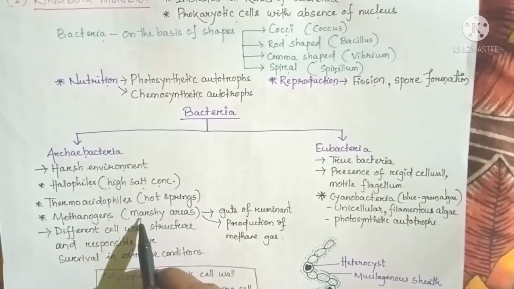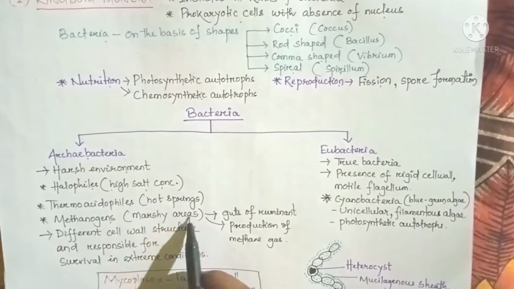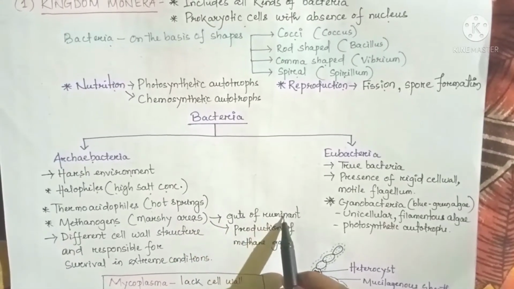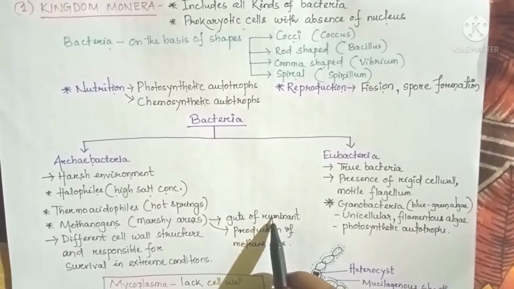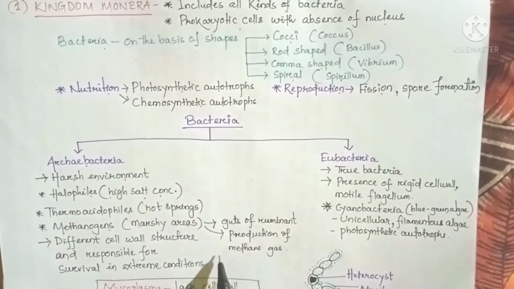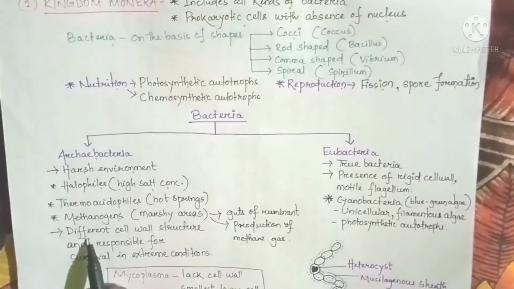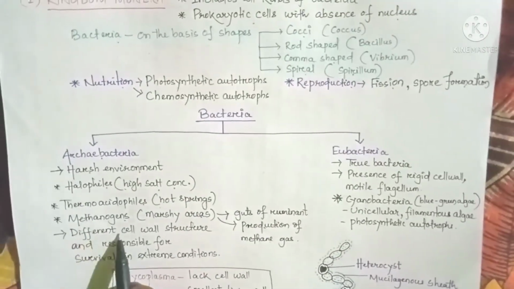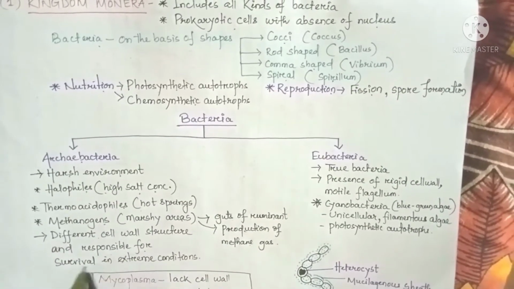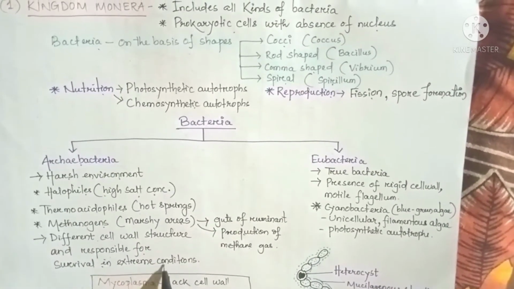Methanogens live in marshy areas. Also, they live in the guts of ruminants, animals like cows. They are responsible for the production of methane gas. Archaebacteria have different cell wall structures, which is responsible for their survival in extreme conditions.